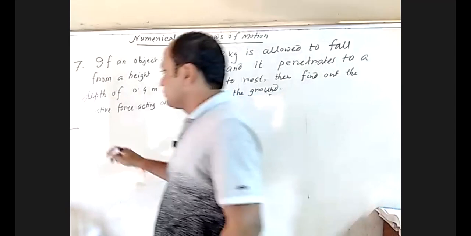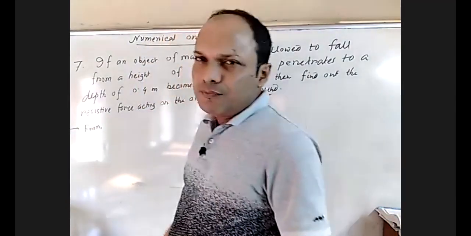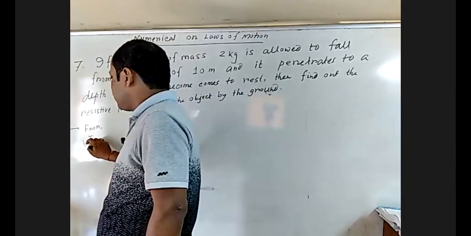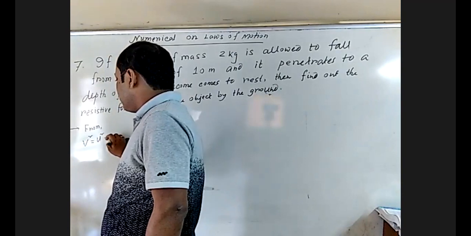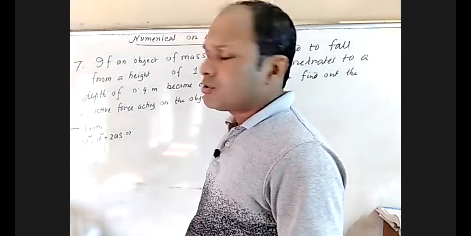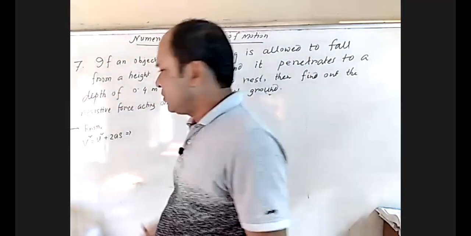Therefore, from v square equal to u square plus 2as, what about v? We don't know.